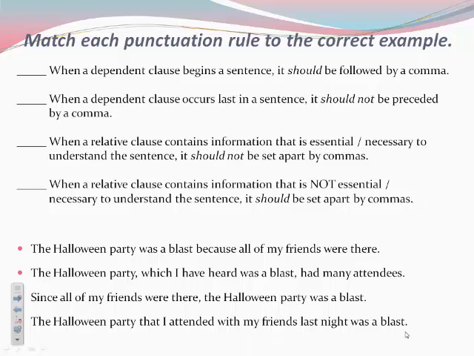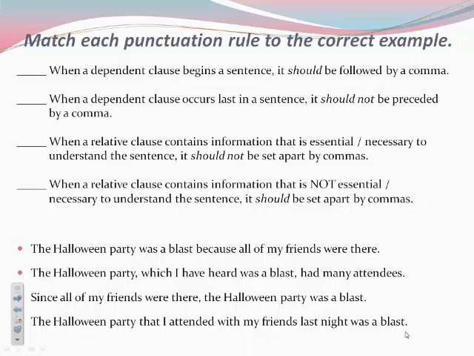Okay, so on this one, the top half has 4 rules for punctuating dependent clauses that we've talked about. 2 of them go with subordinate clauses and 2 of them go with relative clauses. And then there are 4 sentences underneath. So you need to match the dependent clause punctuation rule with the sentence it goes with, okay?